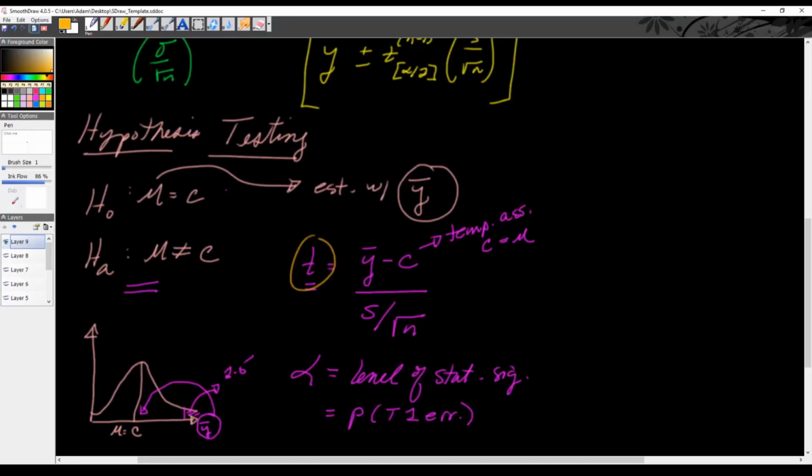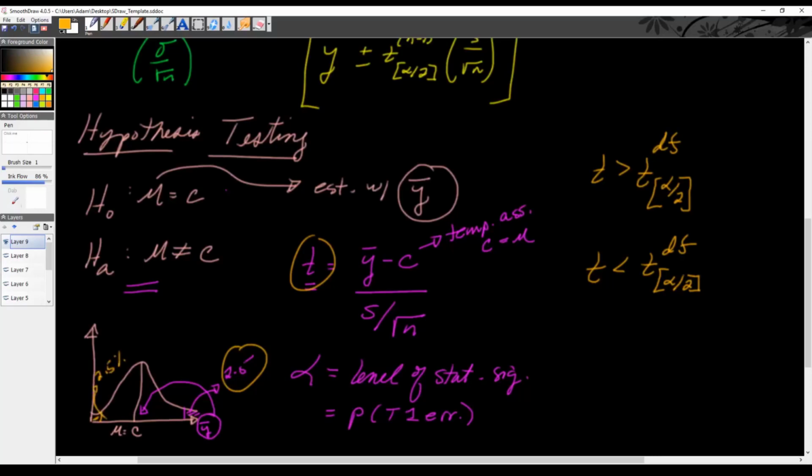So if we solve for t and we see that t is greater than the critical t-value that includes alpha divided by 2 in the upper tail, 2.5%, or if we see a t that is less than the critical t-value, that puts 2.5% in the left tail, we can reject the null hypothesis.